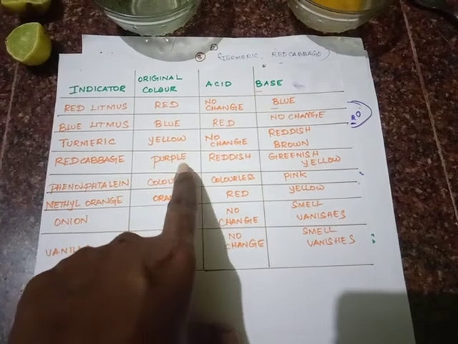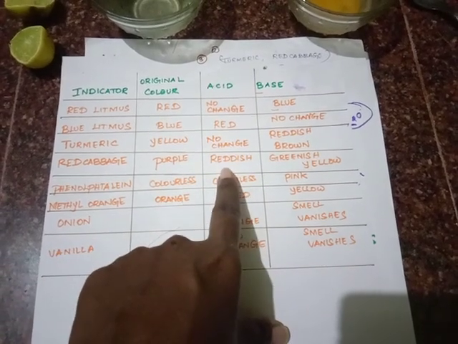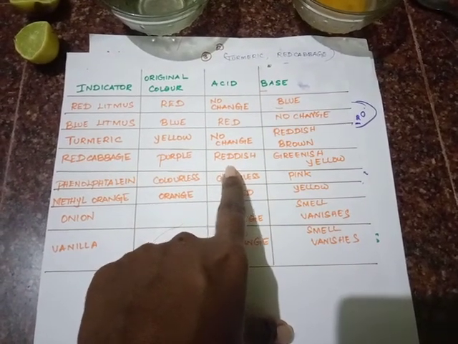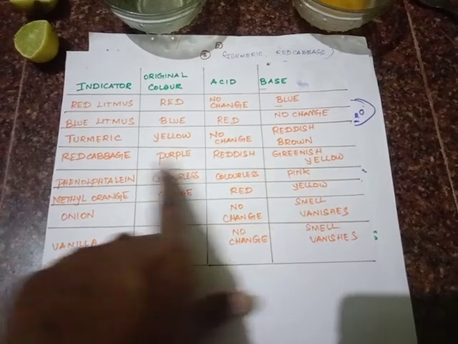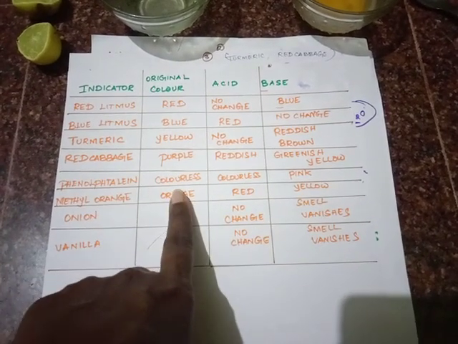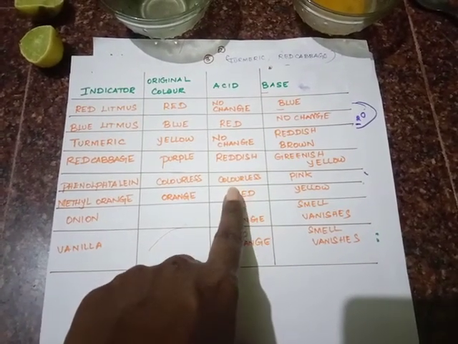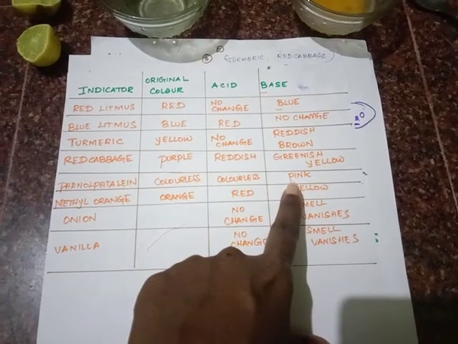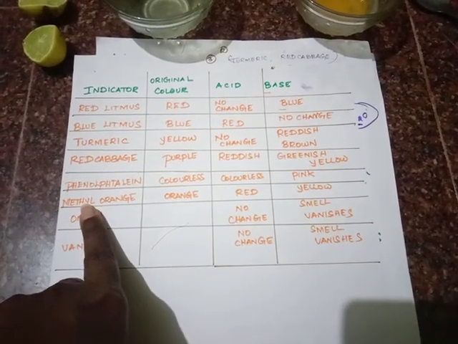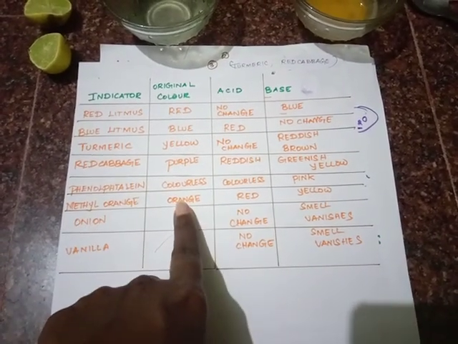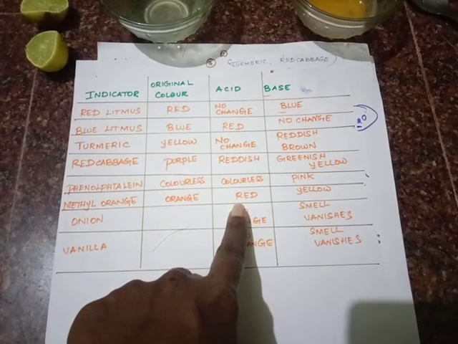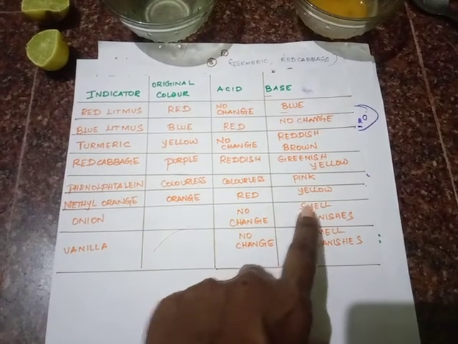Red cabbage is actually purple in color, and in acid it changes into reddish color, and with base into greenish yellow. Phenolphthalein's original color is colorless, so with acid no change, and with base pink color. Methyl orange is also a synthetic indicator. Its original color is orange; it changes into red with acid and yellow with base.